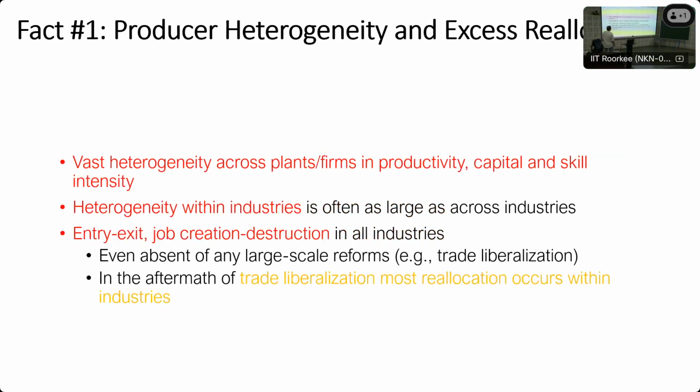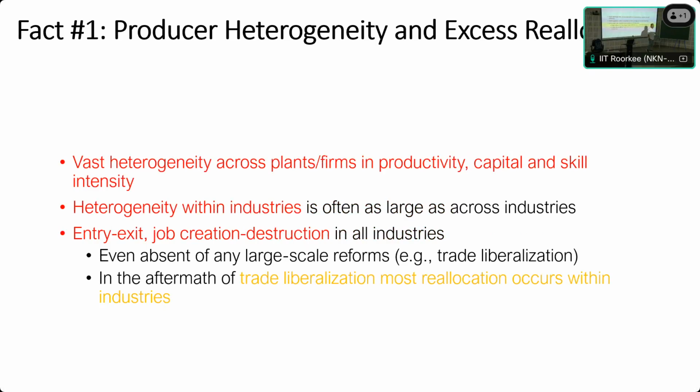So the first one was producer heterogeneity and excess reallocation. There's vast heterogeneity across plants and firms in productivity, capital, and skill intensity. Heterogeneity within an industry is often as large as across industries.